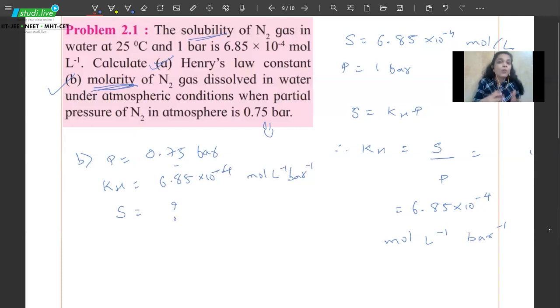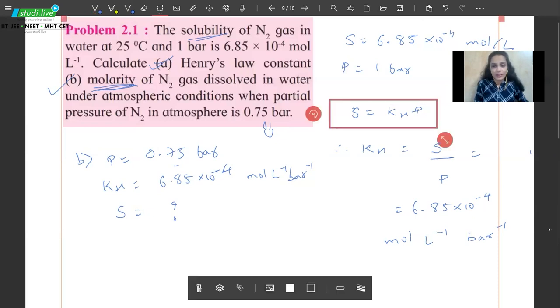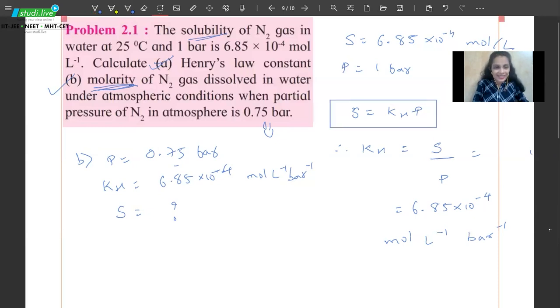They are asking how much solute is there in the given amount of solvent. Yes or no? Means we are finding the solubility. We already know the formula we have written over here. Just let's substitute the values to get the answer.